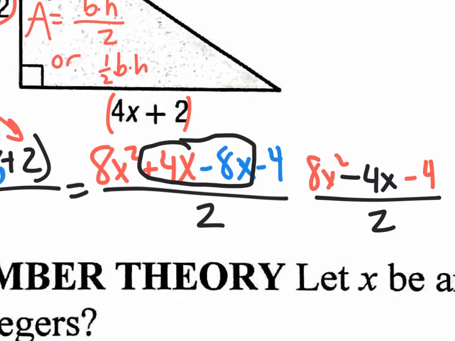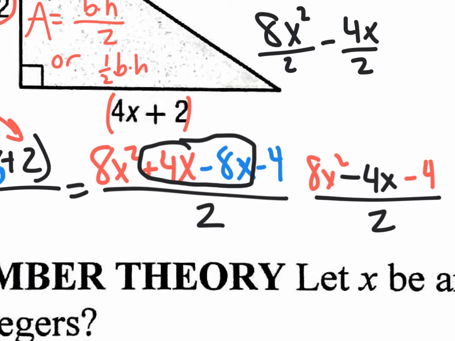Now, this is a quadratic trinomial that is divisible by 2. Each and every term, this first term's divisible by 2, this one's divisible by 2, this one's divisible by 2. So you could actually split up the denominator of 2 to each of those. So you would have 8x squared over 2 minus 4x over 2 minus 4 over 2.